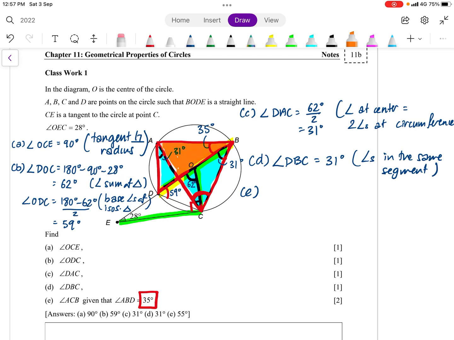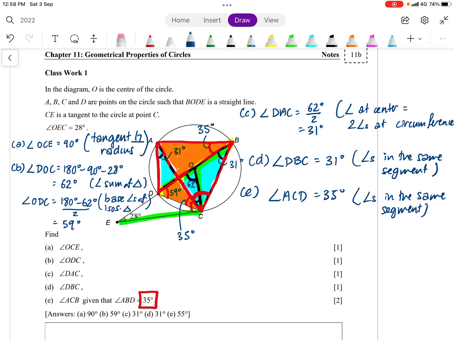Okay, you may see some other properties, but I see this butterfly, which tells me that this is also 35. Alright, so I write down angle ACD is also 35. Angles in the same segment.